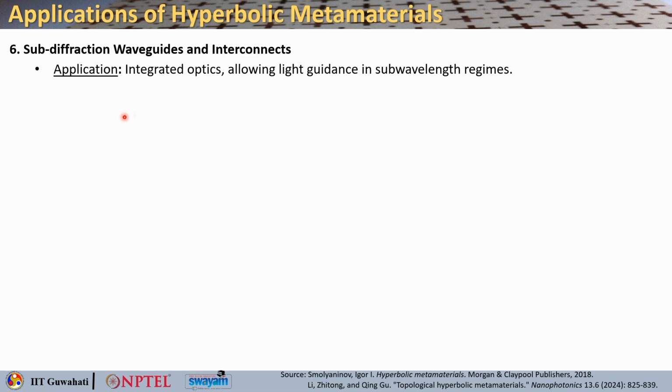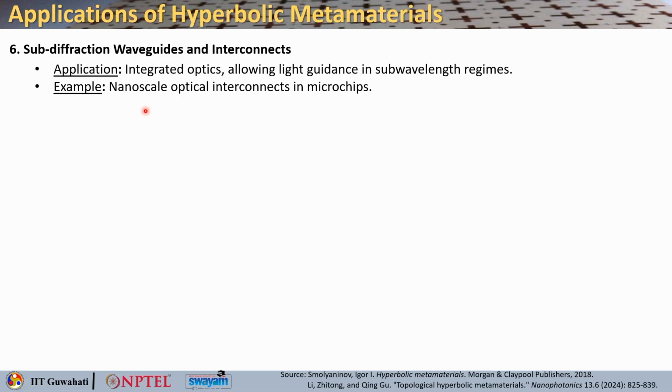A couple of other applications are sub-wavelength, sub-diffraction waveguides and interconnects. Typical applications are in integrated optics, where it allows light guidance into the sub-wavelength regime, again because it can support high K modes.